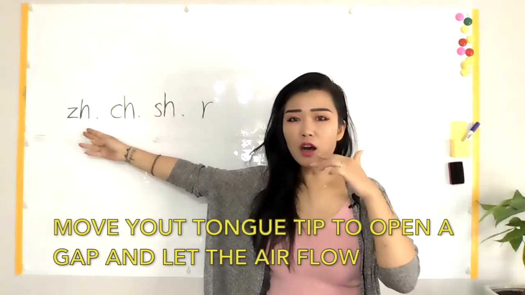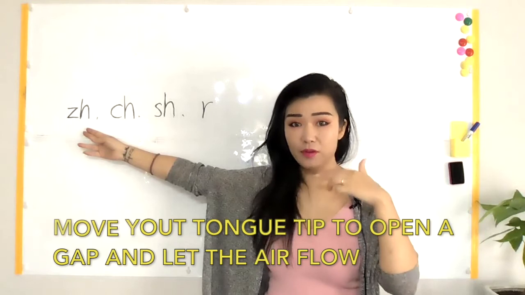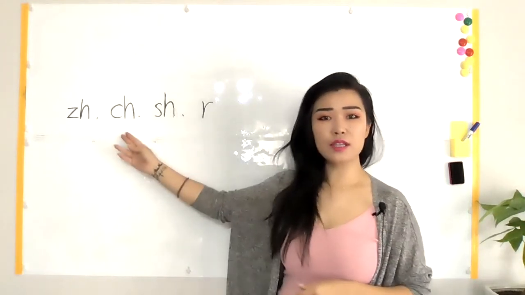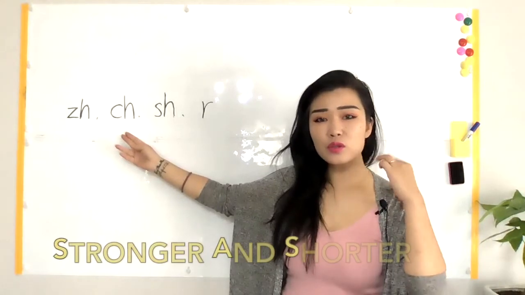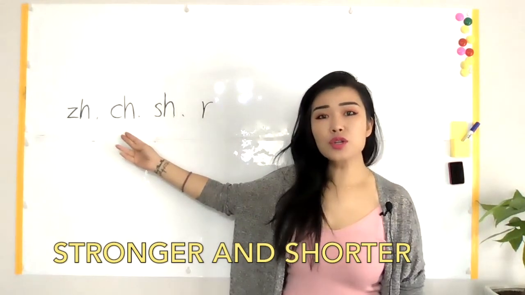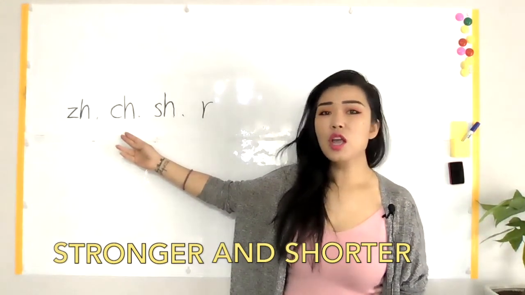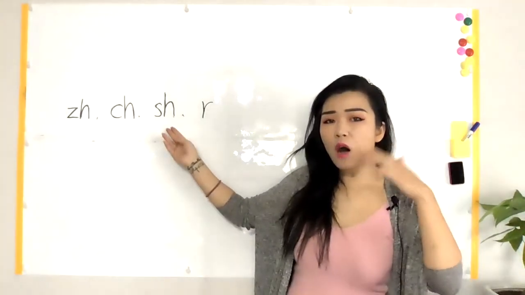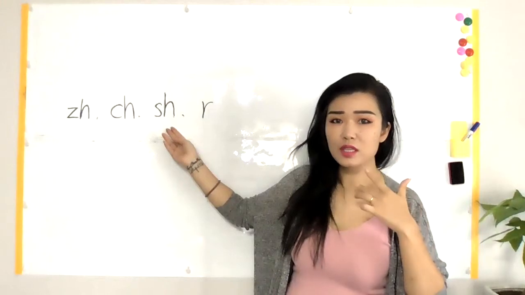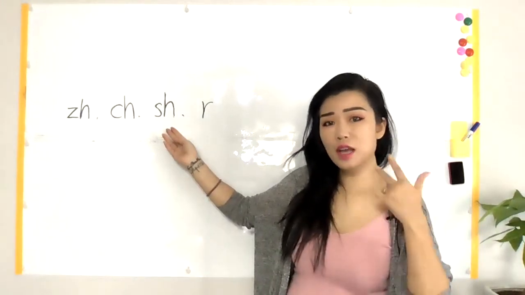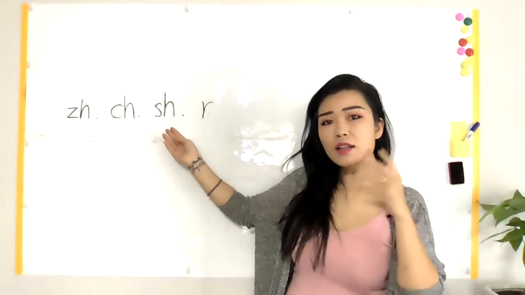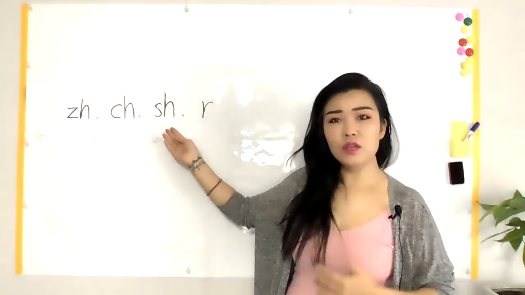Move your tongue, open a gap, let the air flow. Zhi. And for this one, let the air flow stronger and shorter. Chi. And for this one, at the beginning, your tongue almost touches your surface, and of course, roll it up all the time, but don't move your tongue and just let the air flow.